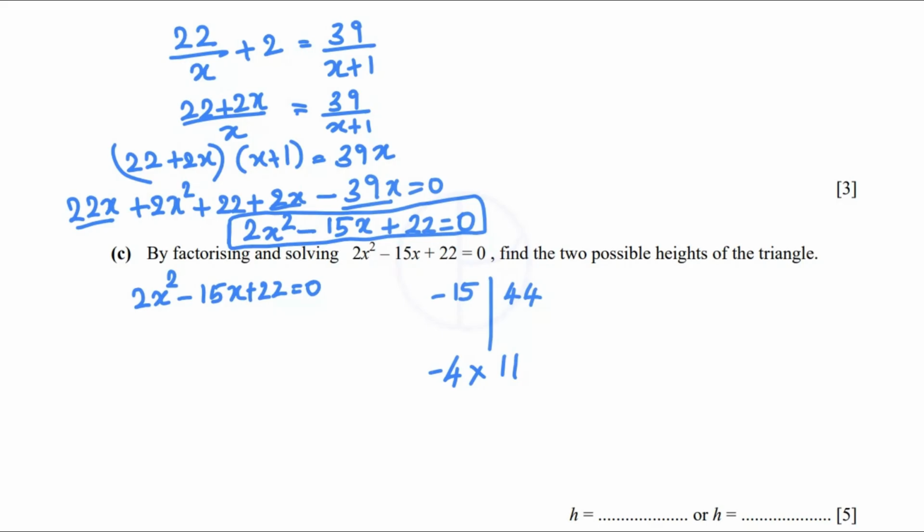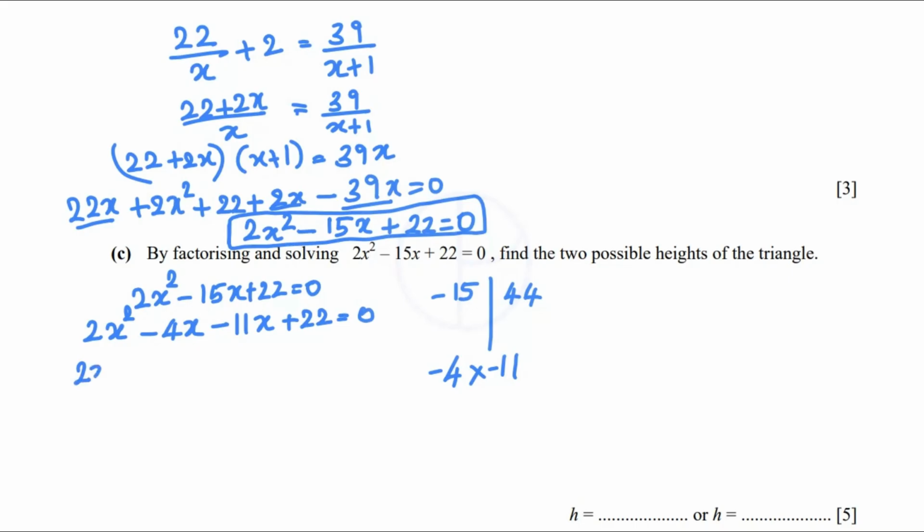So negative 4 multiplied by negative 11 will give positive 44, and when you add, you will get negative 15. So now we have to rewrite this negative 15x as minus 4x minus 11x plus 22 is equal to 0.